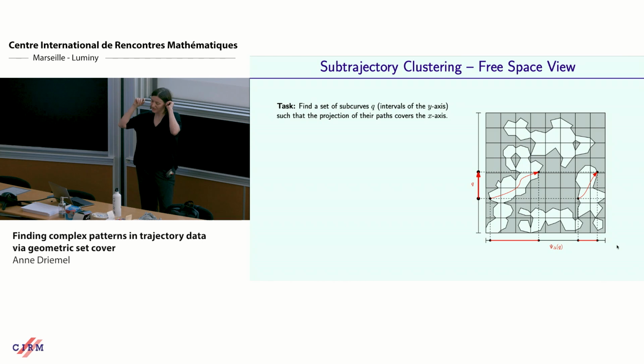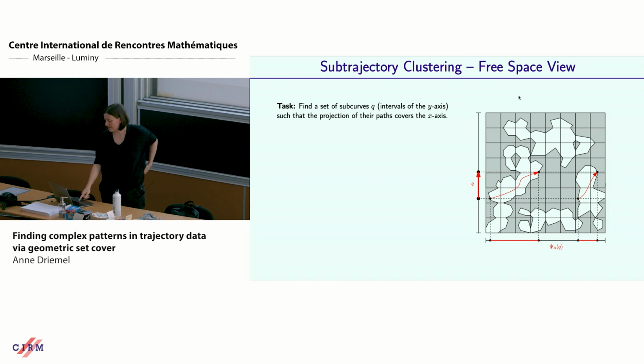This is now the problem we're looking at. Again, we don't have a discrete set yet, because there are still infinitely many curves that we can consider. But this free space diagram has some nice properties.